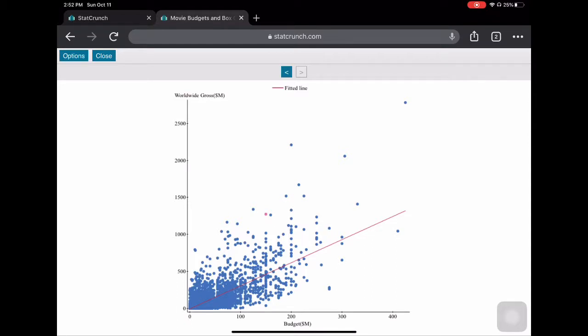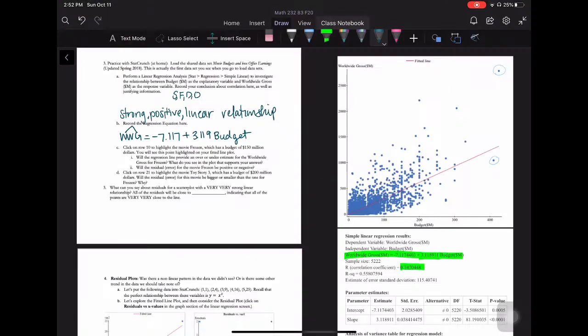So the observed value is above the predicted line, which means it's going to have a positive residual. When we're then asked, will the regression provided be an over or an underestimate? We're going to say that it's an underestimate because the prediction is below. It was one of these points over here that was above the line. And will the residual be positive or negative? It will be positive because it's the observed value minus the predicted value.